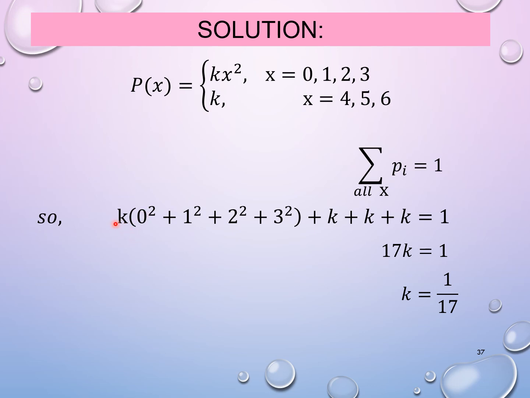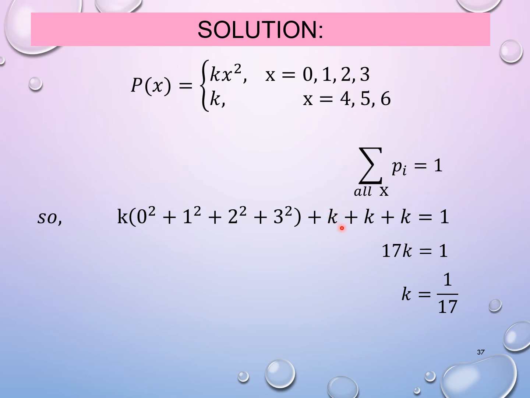We factorize the k, let's put the k outside. We start with 0. You substitute 0 into your x over here. So you get k times 0 squared plus 1 squared plus 2 squared plus 3 squared, up until 3. And then plus k.